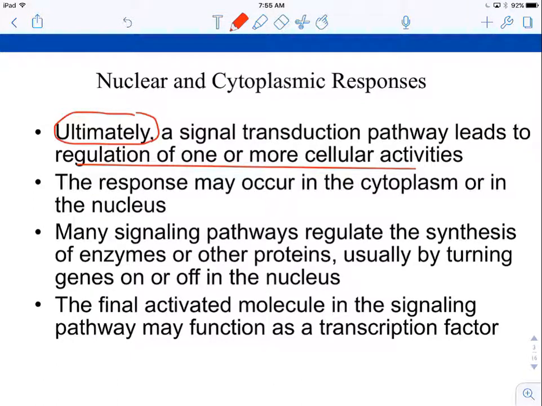These cellular activities may occur in the cytoplasm or in the nucleus. The majority of cell signaling pathways regulate synthesis of enzymes or other proteins. So they regulate genes, basically, by turning genes on or off in the nucleus.